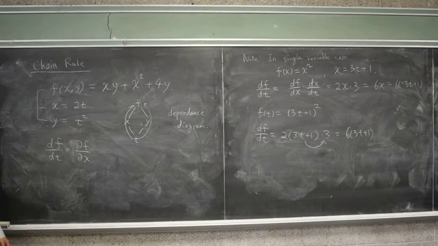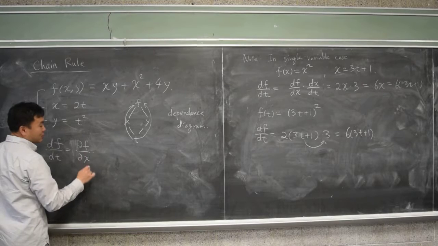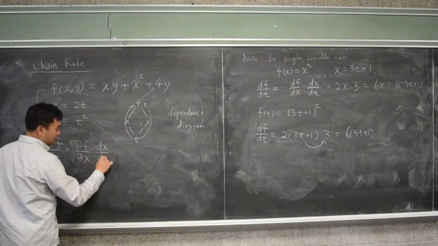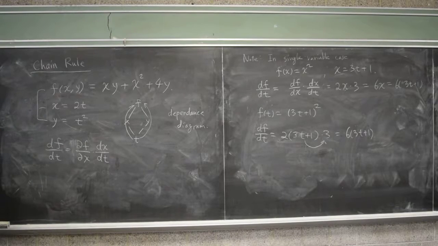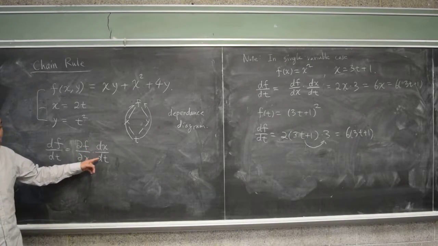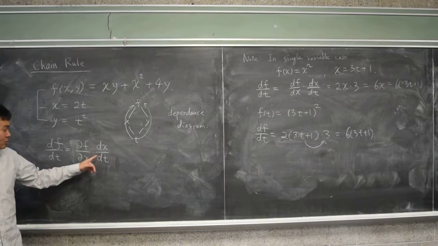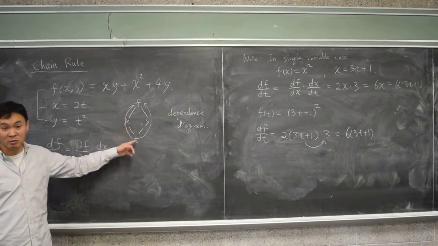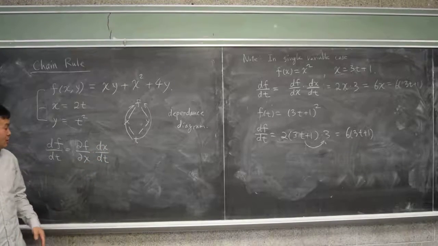Okay? And then you multiply this by the change of x with respect to the change of t. Now notice that here I'm using d, not round. It's not round x over round t, it's dx over dt. That's because x is a single variable function. In that case, you use d.